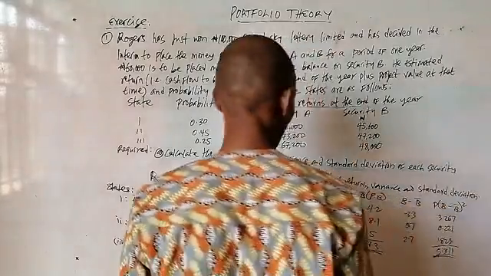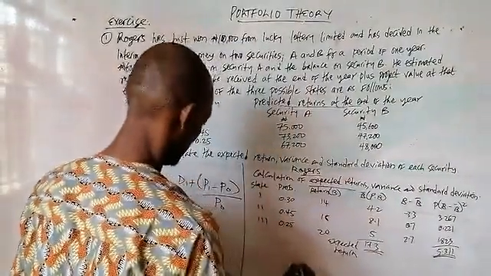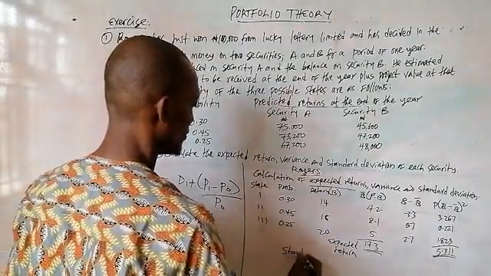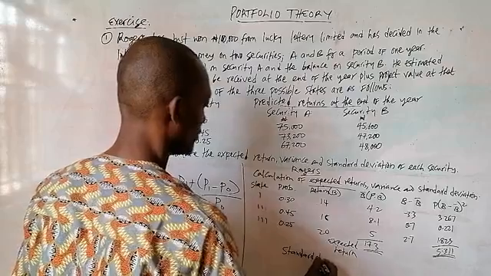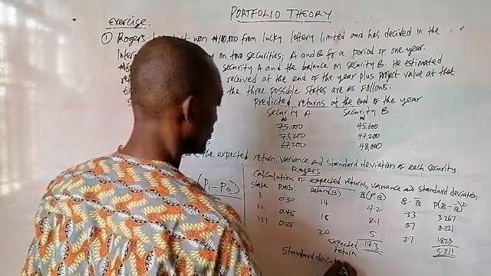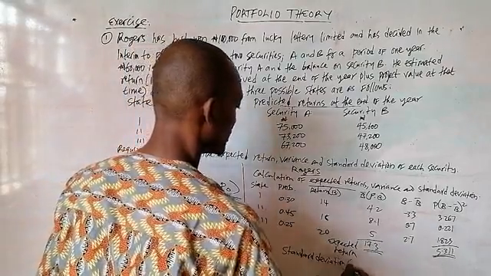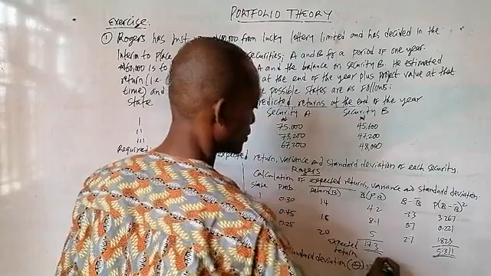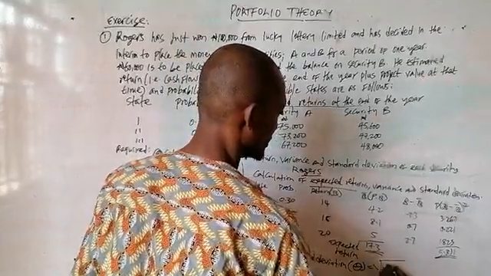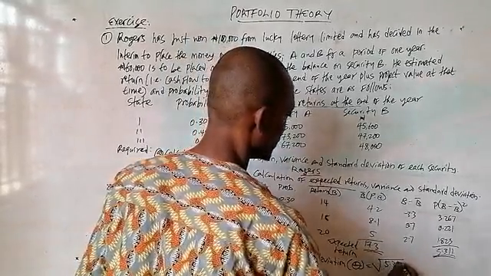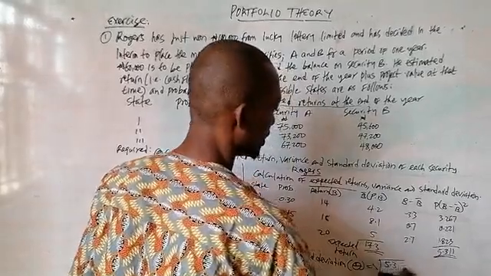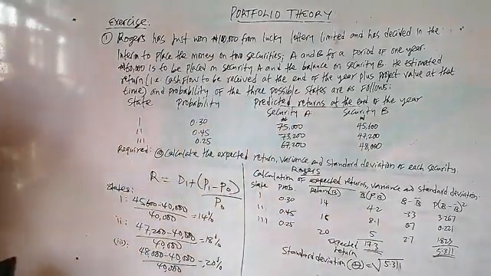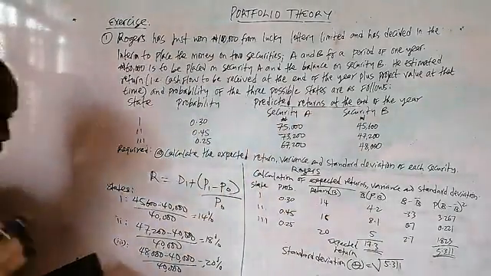So our standard deviation, which is denoted as this, is equal to the root of the variance, 5.311.